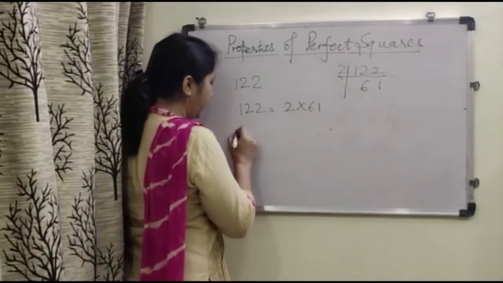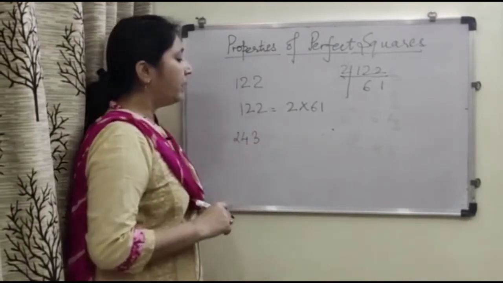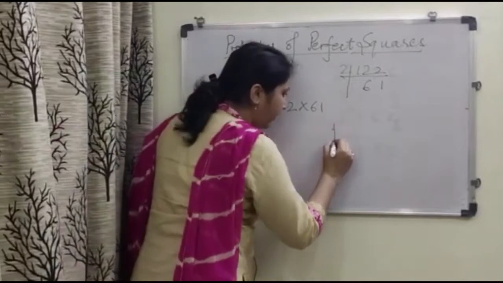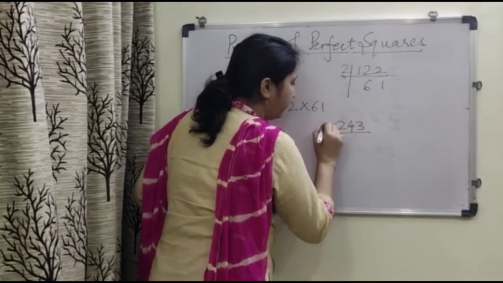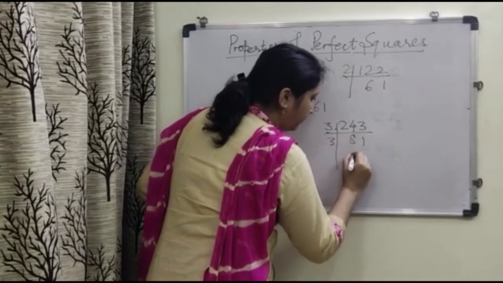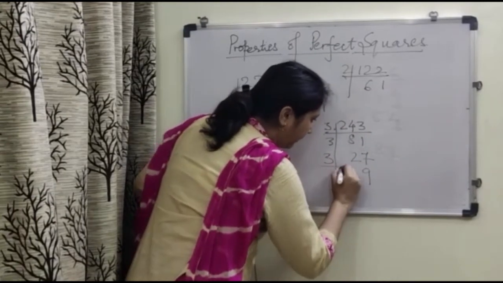Similarly, you can take an example of a number ending with 3. Again you do its prime factorization and try to get the factors. By 3 it is 81, by 3 it is 27, by 3 it is 9.